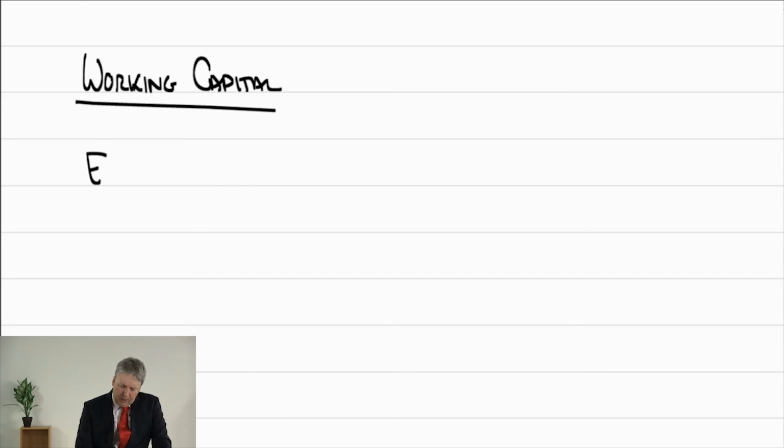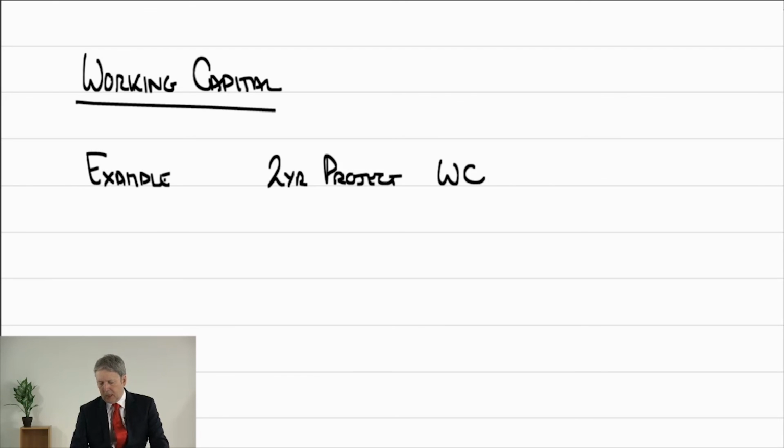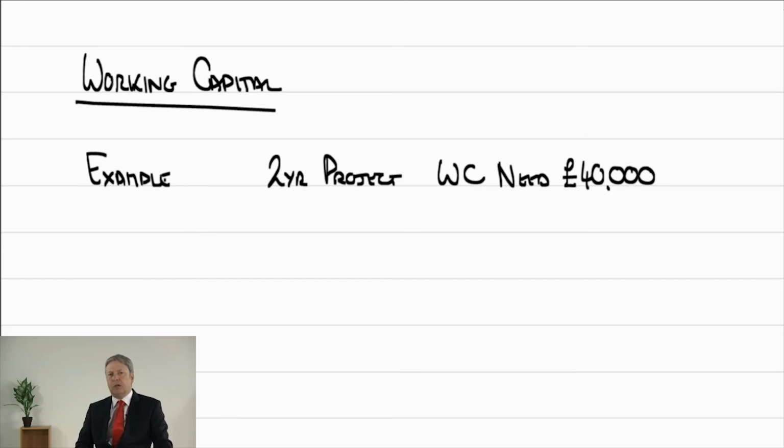Now, if we're looking at working capital, all I want to look at is some simple observations. So here's our example first of all. We have a 2-year project, keep it nice and simple, and the working capital need is 40,000. Okay, so we're not going to look at anything sophisticated. Just keep it absolutely simple to begin with.